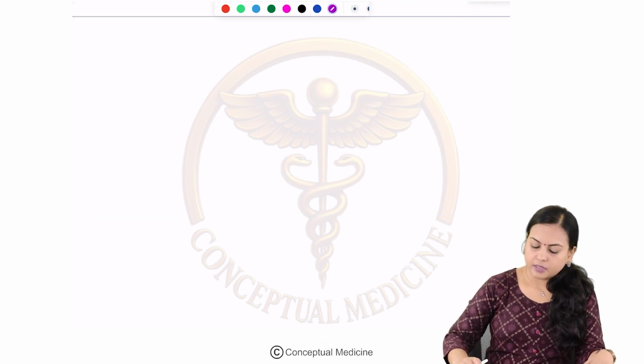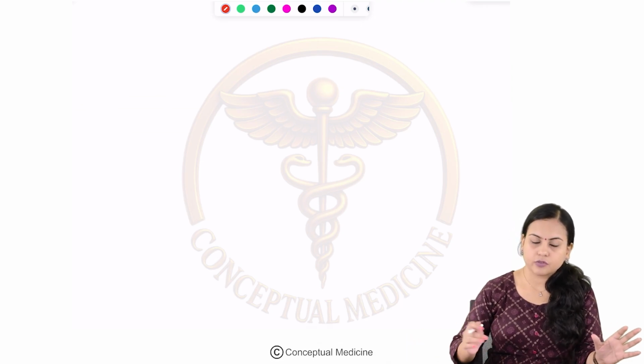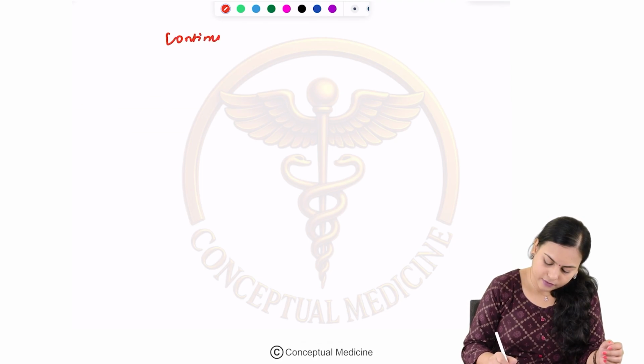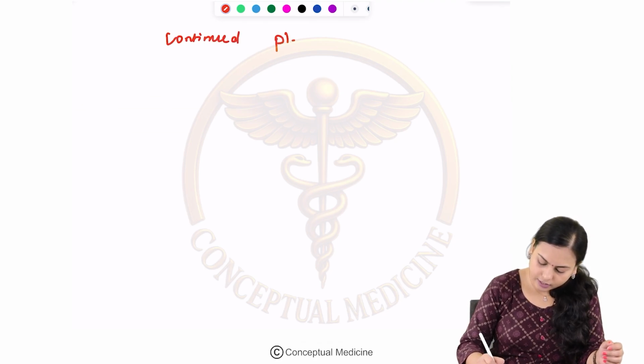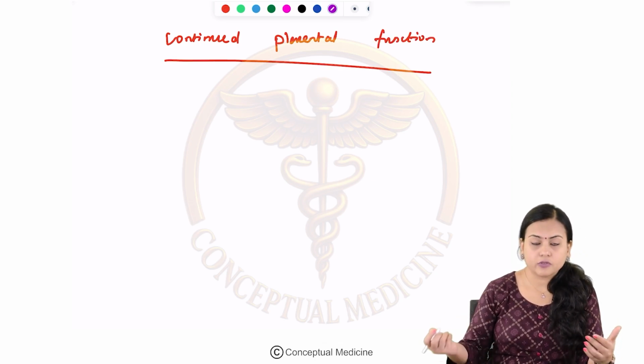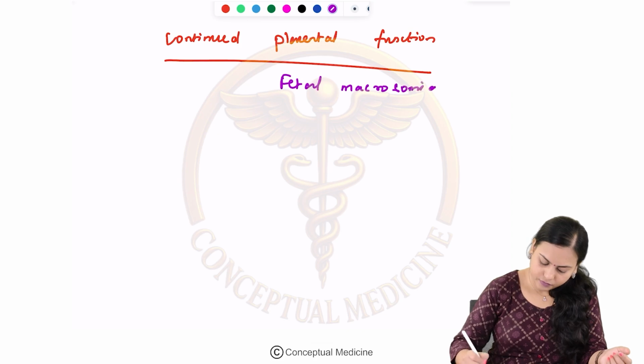Then, the other fate of the placenta is that it can have a continued placental function. Okay? So, the function can continue normally. So, if there is a continued placental function for a longer time than the estimated gestational age, it will result in a macrosomic baby. Yes, there is fetal macrosomia.